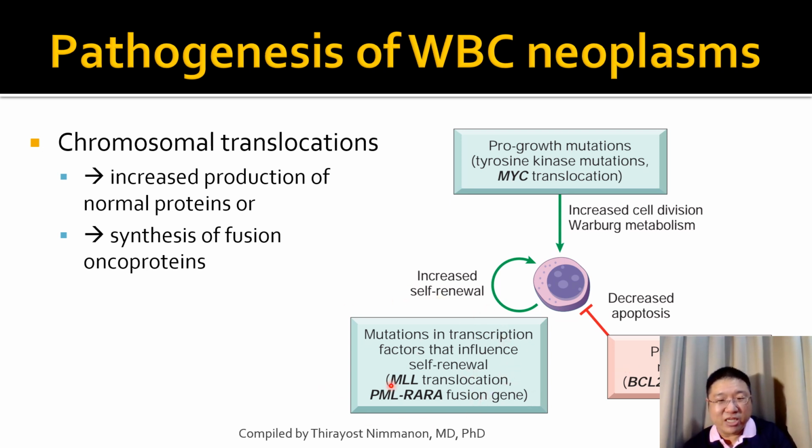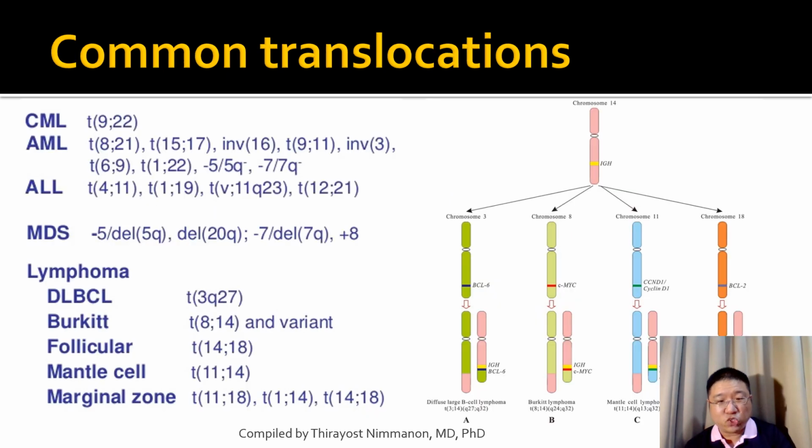So in leukemias, acute leukemia, myeloid leukemias, there are some common translocations that may influence self-renewal, including the PML-RARA fusion gene.